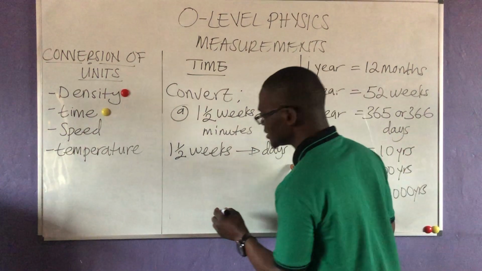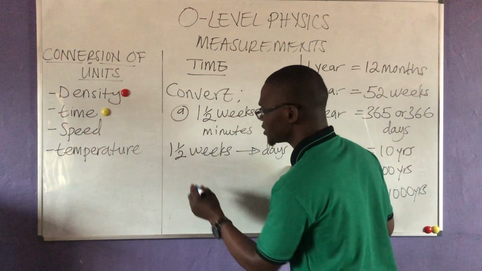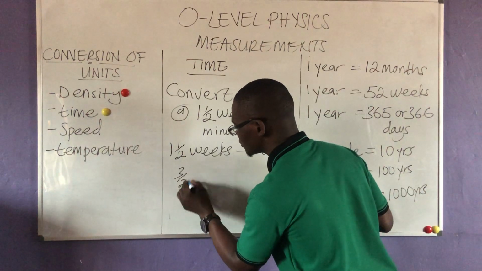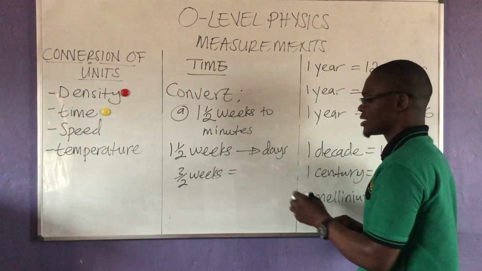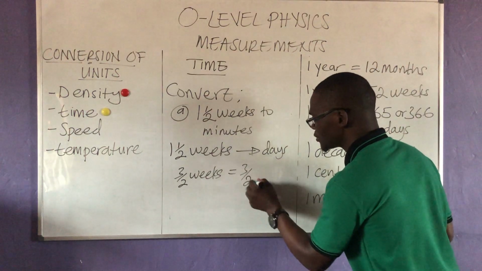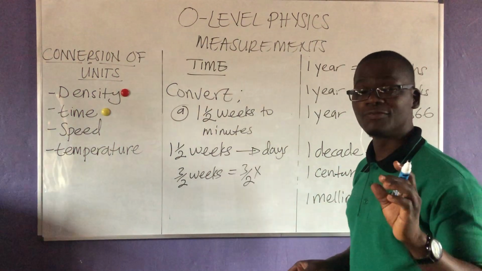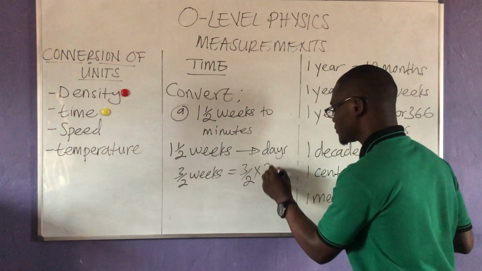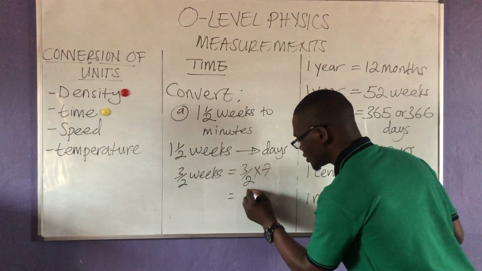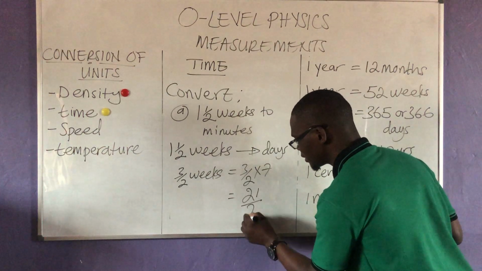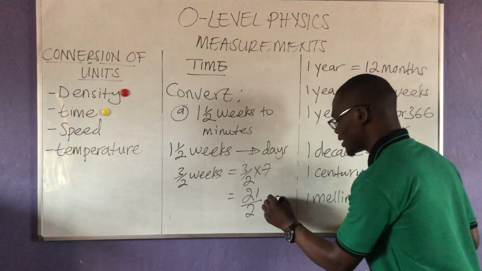And that means that 1.5 is the same as 3/2 weeks. That gives us 3/2 times the number of days in a week, which is 7. So that gives us 21/2. These are days.